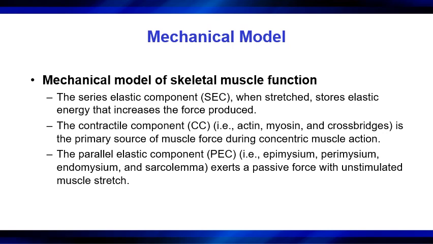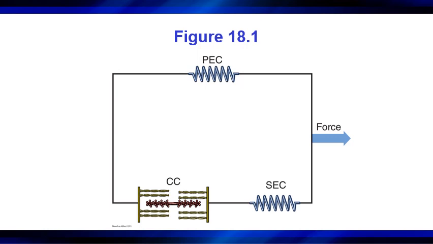It's really the interplay between the series elastic component, which is one of the main power generators of a plyometric, and the contractile component. Looking at this mechanical model, this is representative of a muscle. Here's your parallel elastic component.